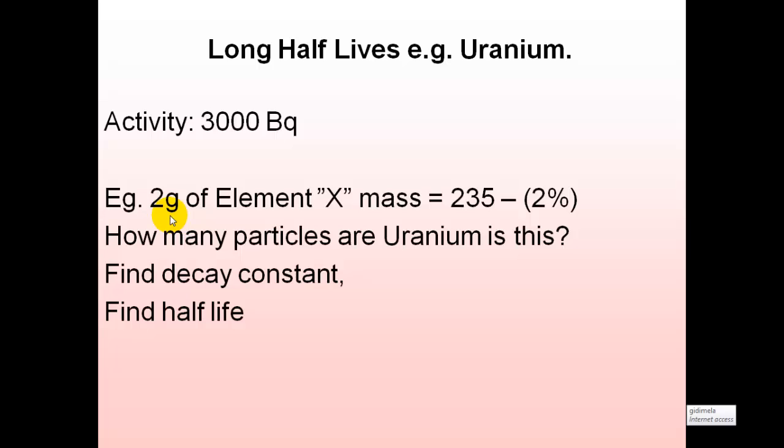So we need to find, given that we have 2 grams, how many particles are in 2 grams, given that the atomic mass is 235. And then we need to find 2% of that. So how many particles are uranium in this? Then we use that equation to find the decay constant, if we know what the activity is, and then we can find the half-life. You could try to do this. This will be on the reading quiz.